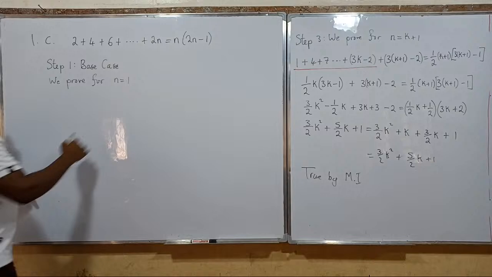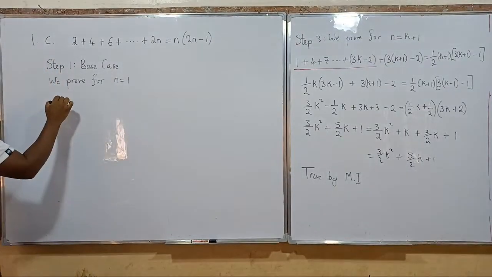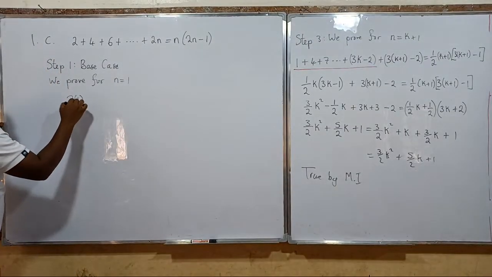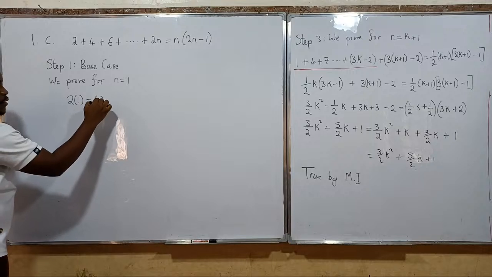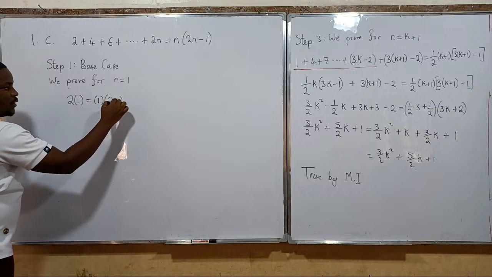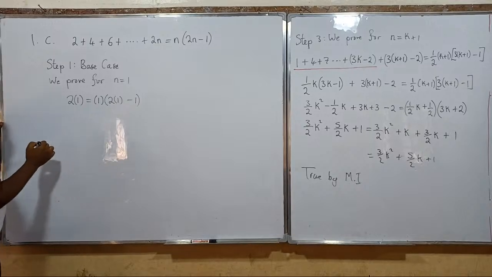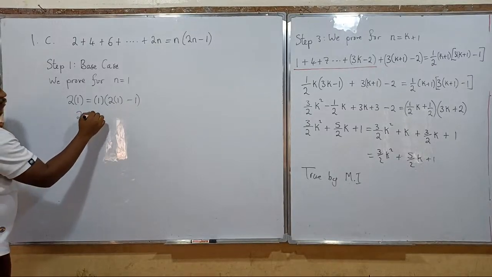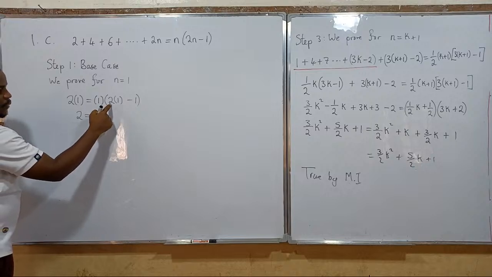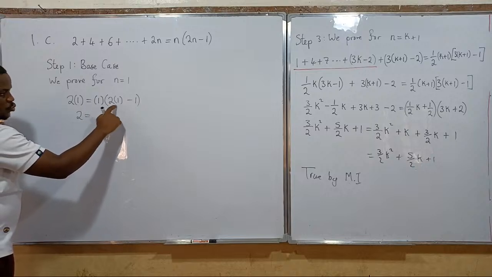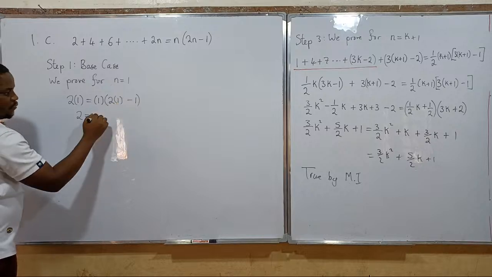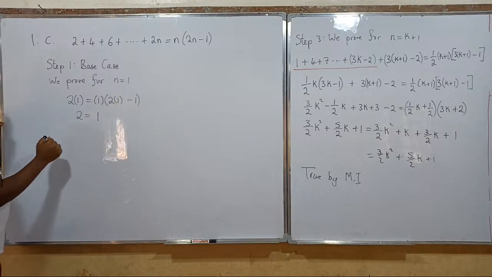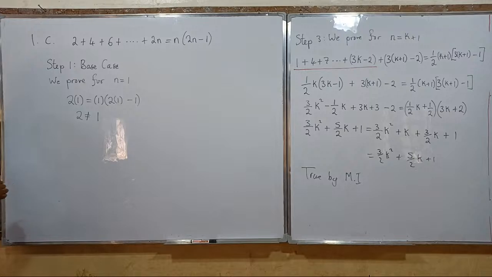We just replace n with 1, so that we have 2 times 1 is equal to 1 times (2 times 1 minus 1). So 2 times 1 is 2. This side, we have 1 outside. So what is 2 minus 1? It's 1, right? Now, these two are not equal to each other.